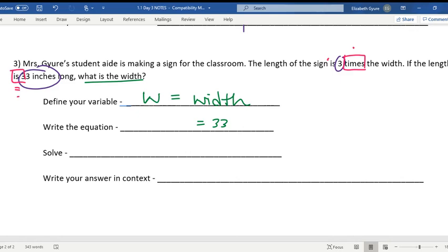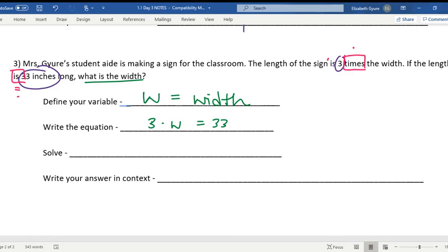So 3 times the width. And width is what letter? W. How could I maybe write that? 3 times the width. Jaden? 3 times W, right. 3 times W equals 33. Exactly. Because this says exactly 3 times, W stands for width, is equals 33.